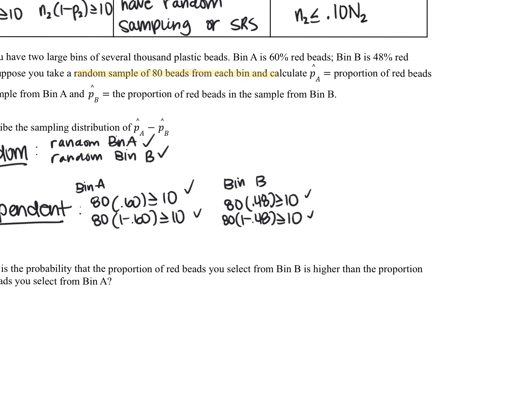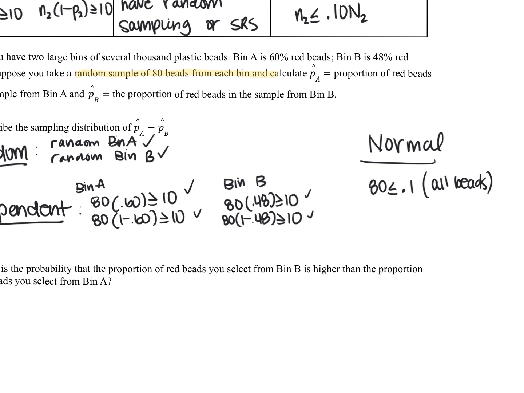Okay. Last thing we need to check is normal. So because we took 80 beads from each sample, I'm not going to check it twice. So we're looking to see that 80 is less than or equal to 10% of all beads.